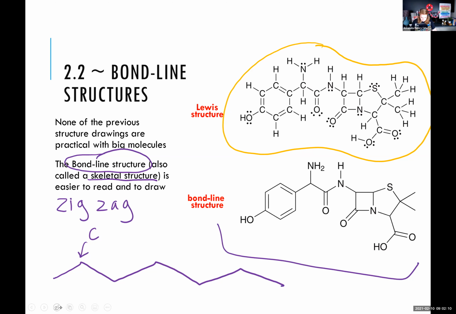So this carbon right here, we know that it has to be a CH2 because it's bonded to 2 other carbons, which means that its 2 bonds that aren't shown would be to hydrogens. And then the carbon that's on the end over here would be a CH3 because it's bonded to 1 other carbon, which means that its 3 other bonds would be to hydrogens. So we're going to talk about some of the rules that go along with this, and then we're going to practice drawing these.